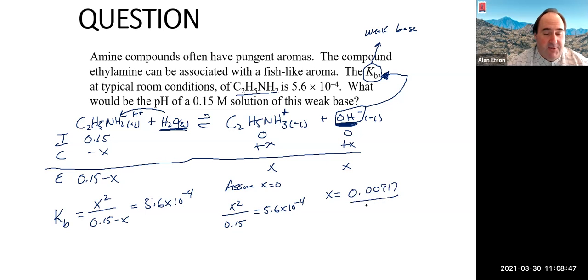Again, we want to make sure we check it here. If we check it by dividing by that 0.15 and multiplying by 100, that is 6.1%, which is not good in this particular case. So this technically is a bad assumption. So make sure that you do check it and not just blindly roll with it and hope for the best. Any questions on that so far?